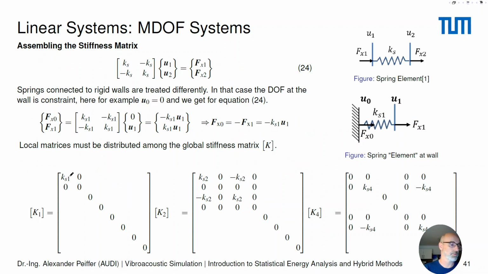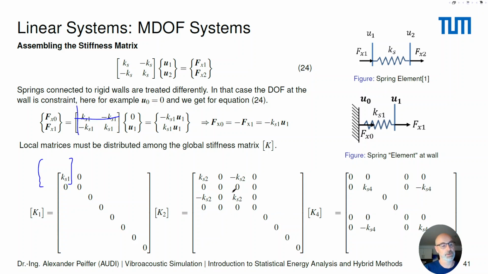For instance, this is the first one, the one that's connected to the wall. The only degree of freedom affected by this one is here, so we are just putting this here. From the matrix that we are using, all those fixed degrees of freedom are deleted, so we are just using the lower right entry of this stiffness matrix.